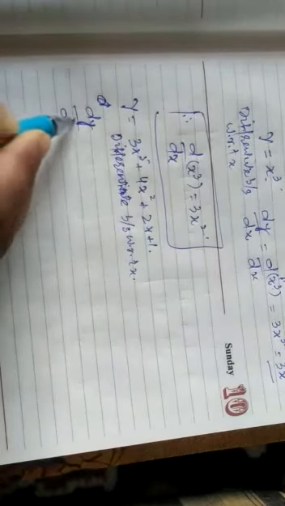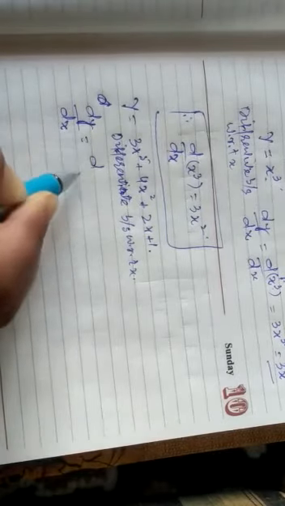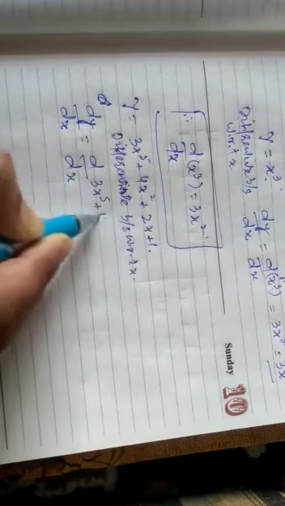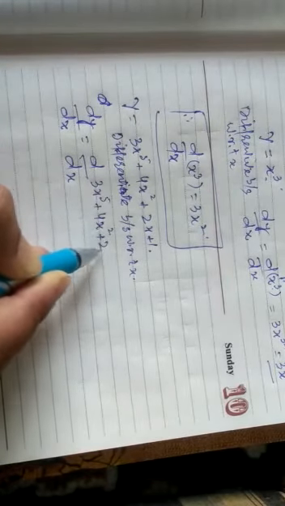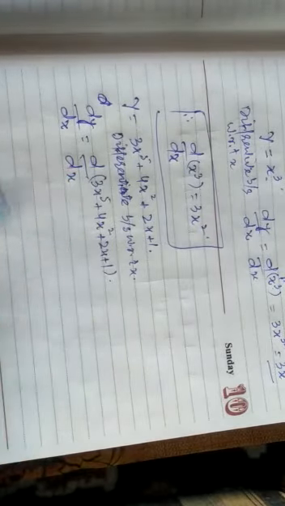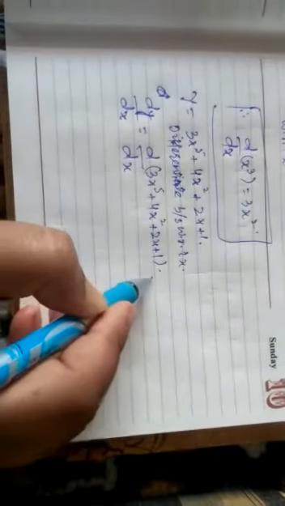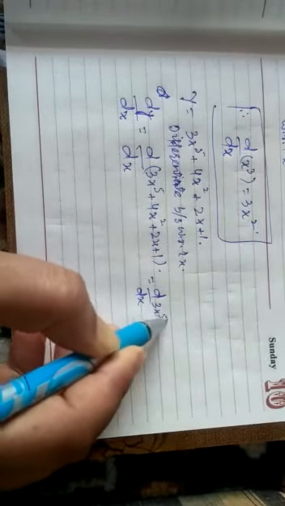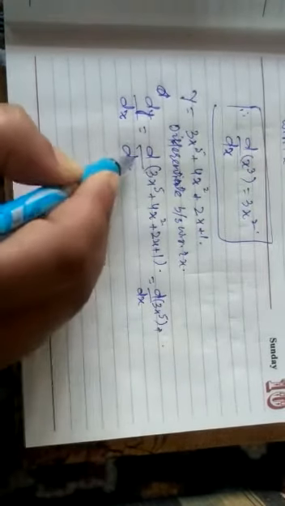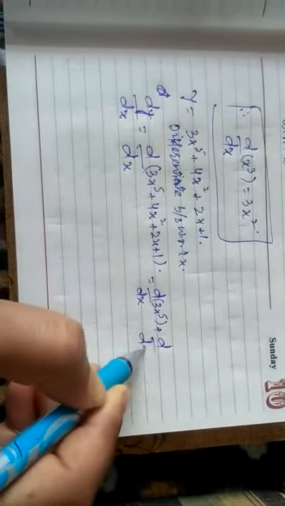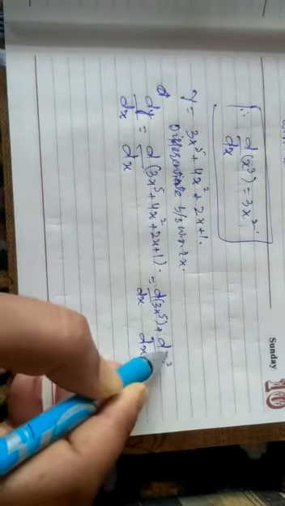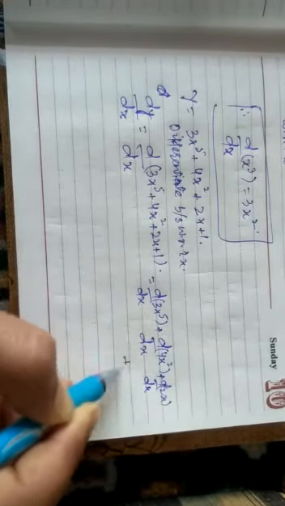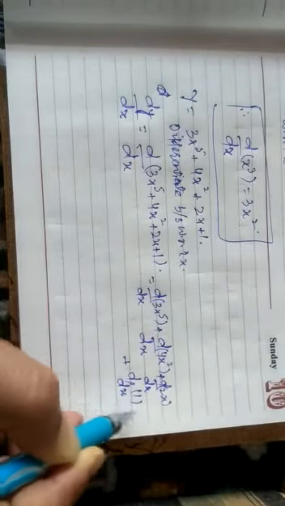It will be dy by dx equals d by dx of 3x raised to power 5 plus 4x square plus 2x plus 1. Then we do it separately: d by dx of 3x raised to power 5 plus d by dx of 4x square plus d by dx of 2x plus d by dx of 1, which is a constant, which is 0.